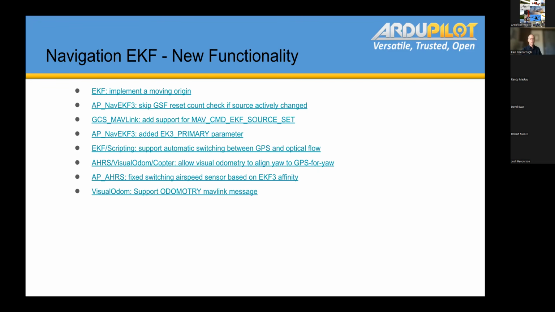Once you got out past 250 kilometers, the errors would start to build up. So now we move the origin along with the vehicle. It's transparent to the users because all the data, in terms of the output from the EKF, is handled transparently. It just means we don't suffer from the limitation for long distance navigation.